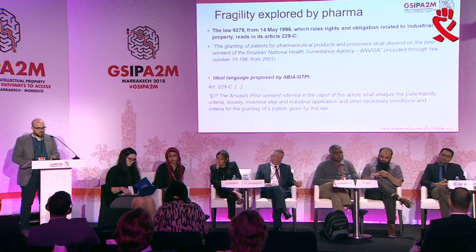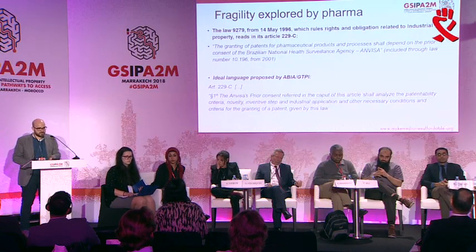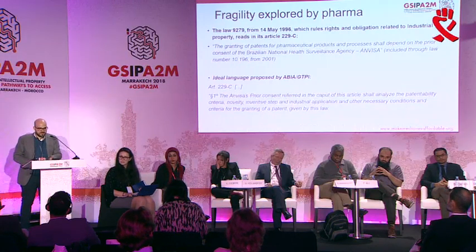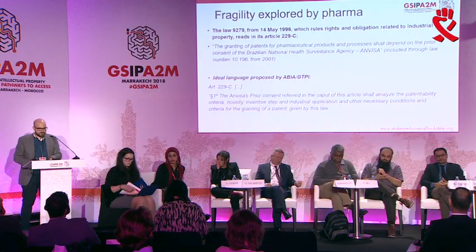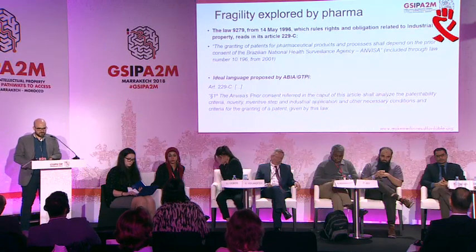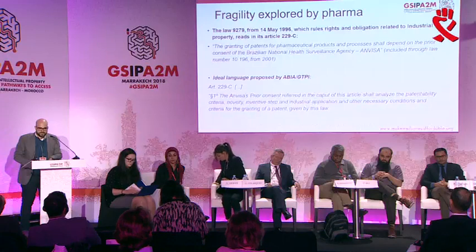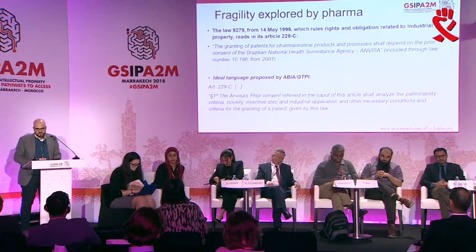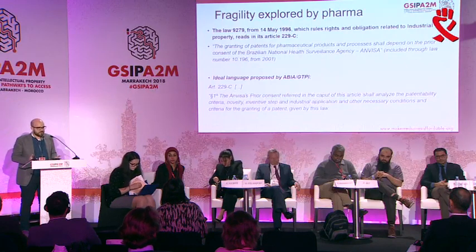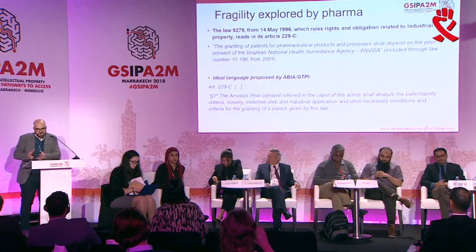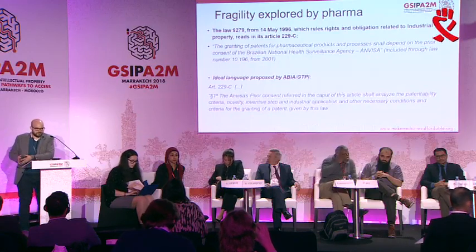The Brazilian article that put the Anvisa's prior consent in the Brazilian IP law says that the granting of patents for pharmaceutical products and processes shall depend on the prior consent of the Anvisa. This is a little bit vague. What is shall depend? Well, for someone well-intended, shall depend must mean to examine the patent application.